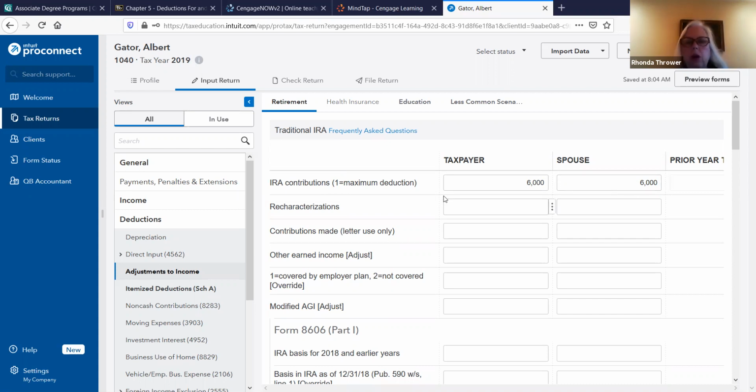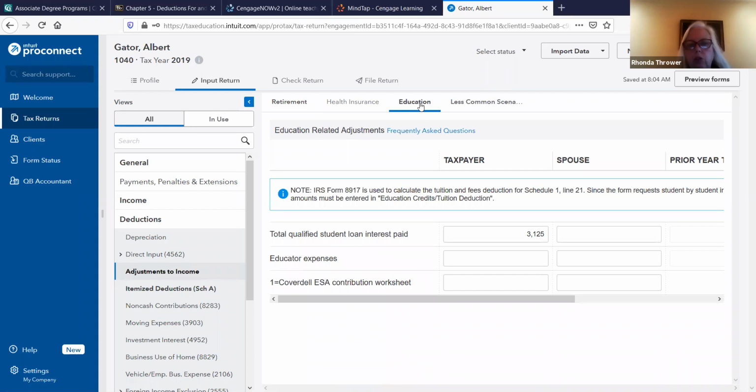In this problem, the only other thing that we need to look at is some adjustments to our income for our educational expenses. I'm going to click on education expense, and notice what comes up: total qualified student loan interest that was paid. If you are paying any interest back to a college for student loans, you're going to record it right here.